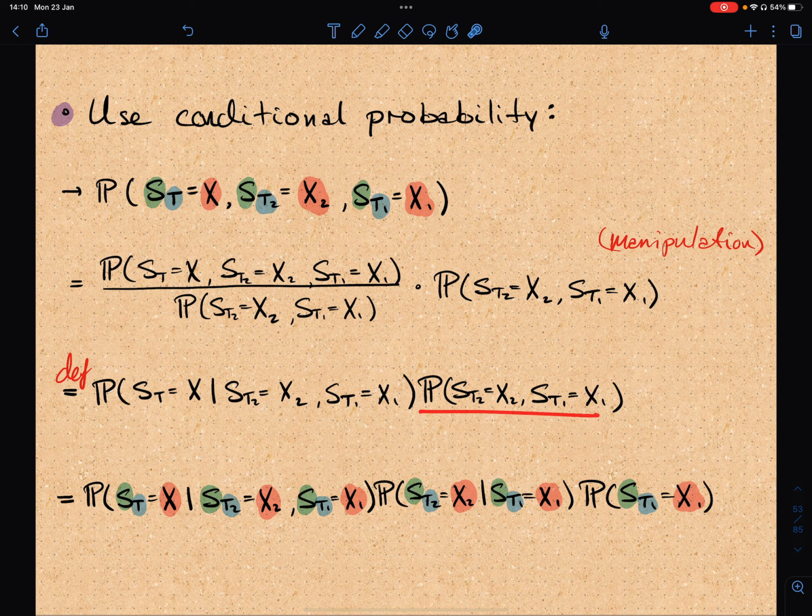And then we multiply it by the probability of that event happening. We can do the same procedure of multiplying and dividing by this quantity, and using the definition of conditional probability to rewrite this as the probability that you go through position x2 at time t2, given that you go through position x1 at time t1, multiplied by the probability that you go through position x1 at time t1.